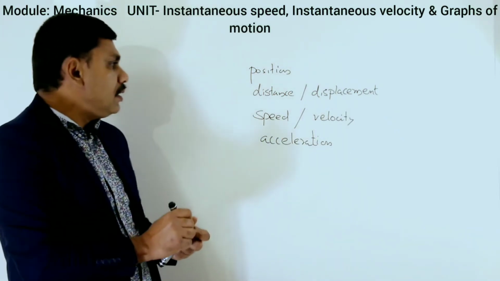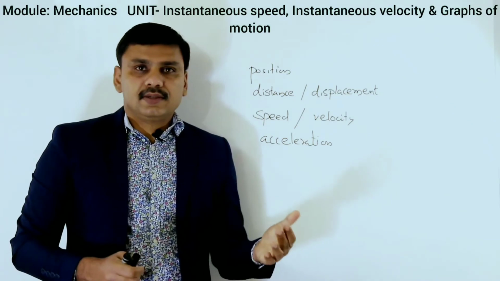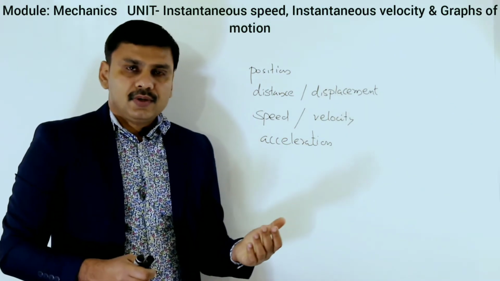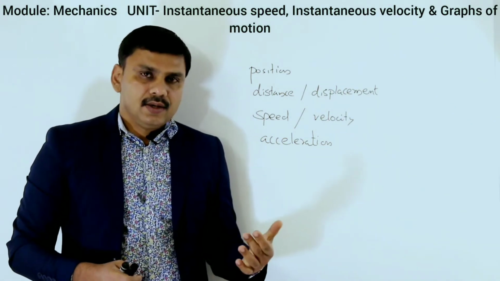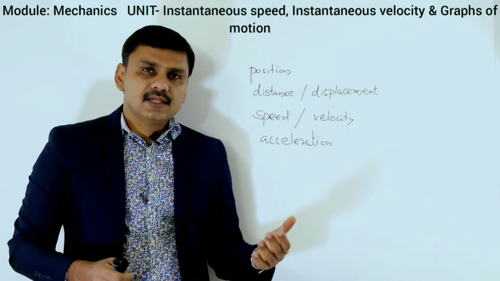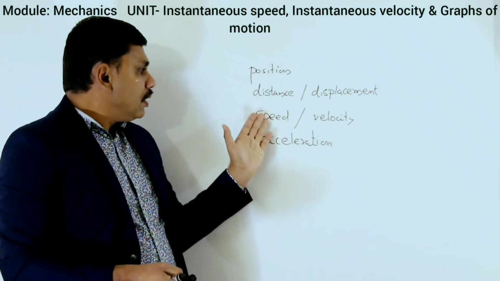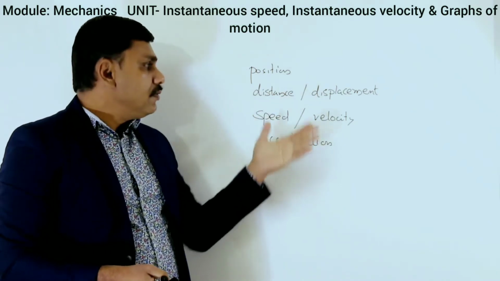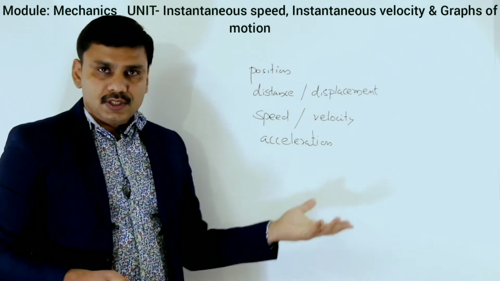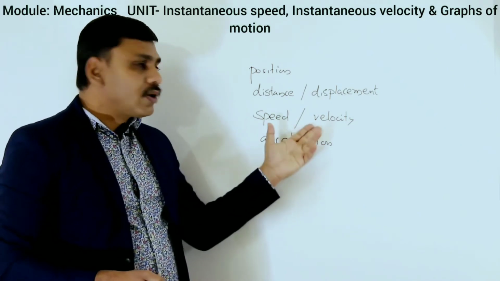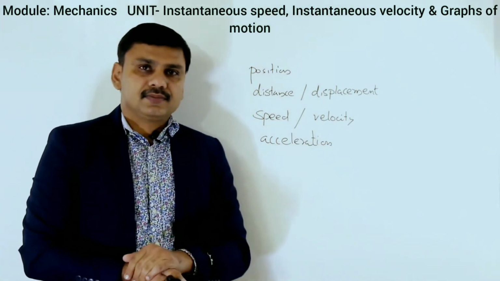So these are the variables when an object moves. When an object is at a position, when the position changes, you will get distance or displacement. From distance you will get speed, from displacement you will get velocity. From speed or velocity you will get acceleration.